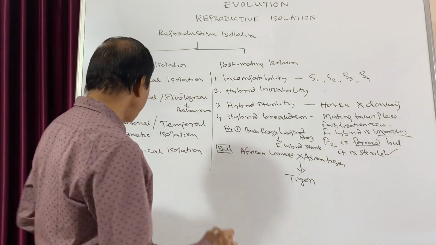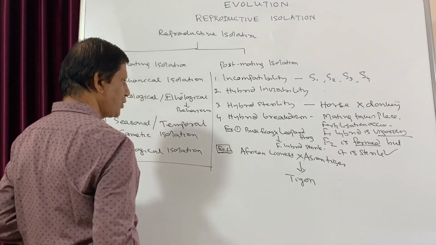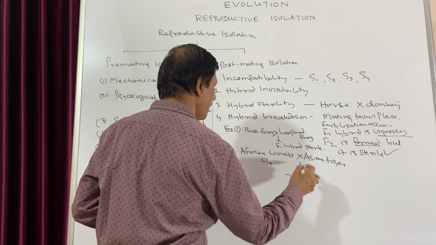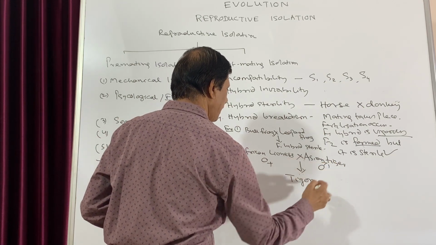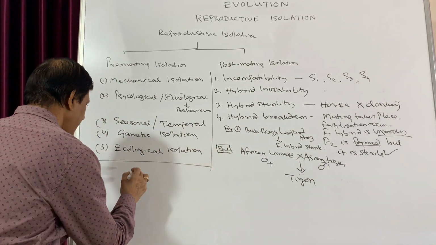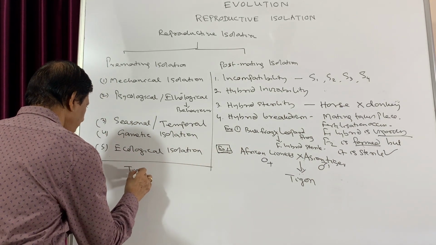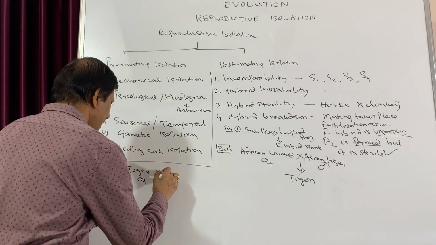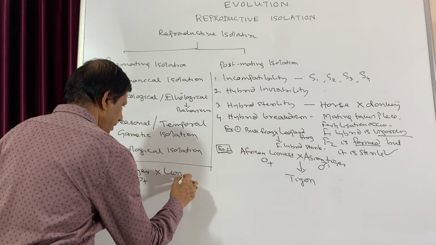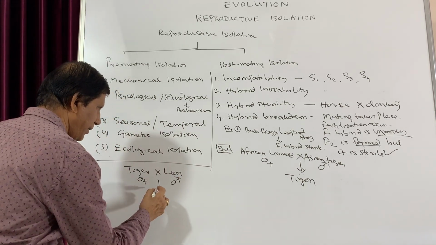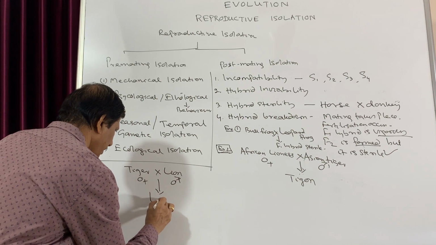Now if we reverse it, the tiger is female and the lion is male. In this case the F1 hybrid is known as a liger.